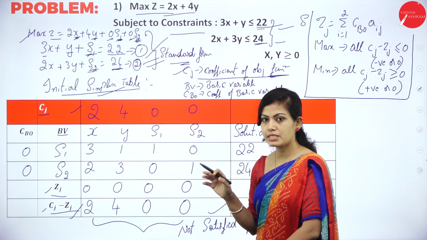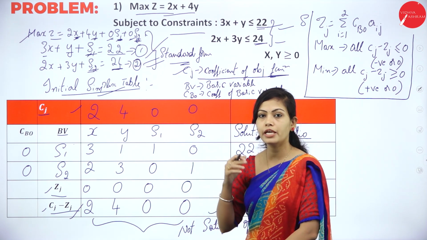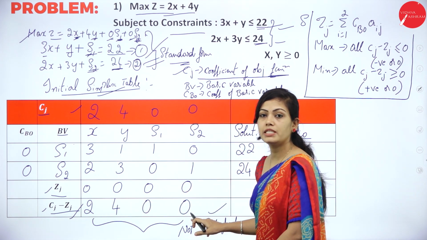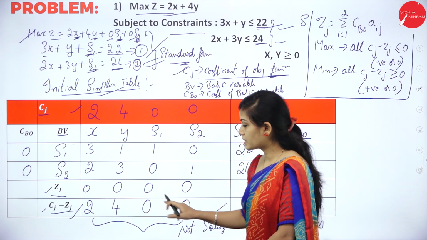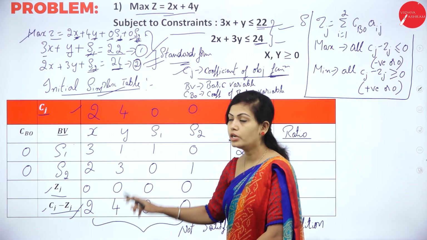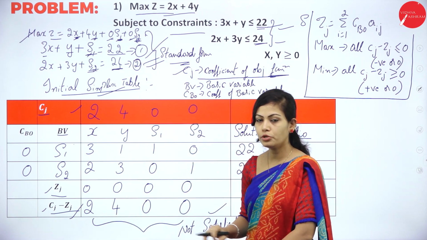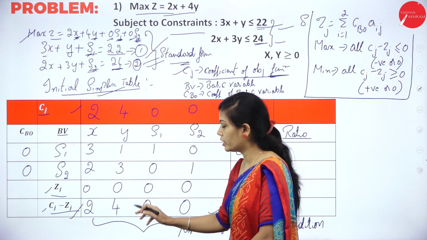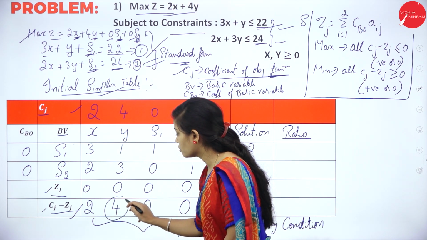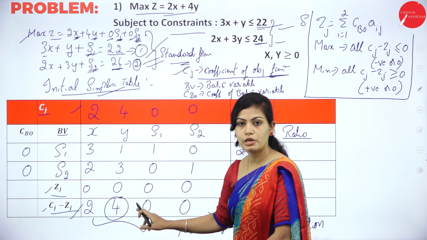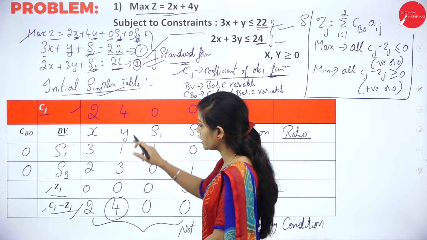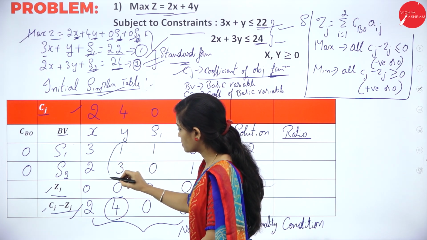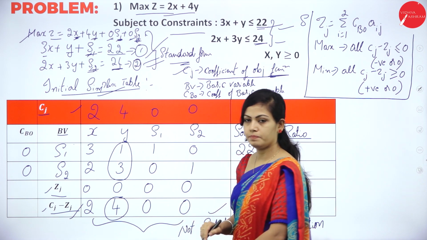For getting the key column, we have to find the maximum positive value out of these Cj minus Zj values for a maximization problem. The maximum value is 4. This 4 comes under column Y, so I will mark this as my key column.